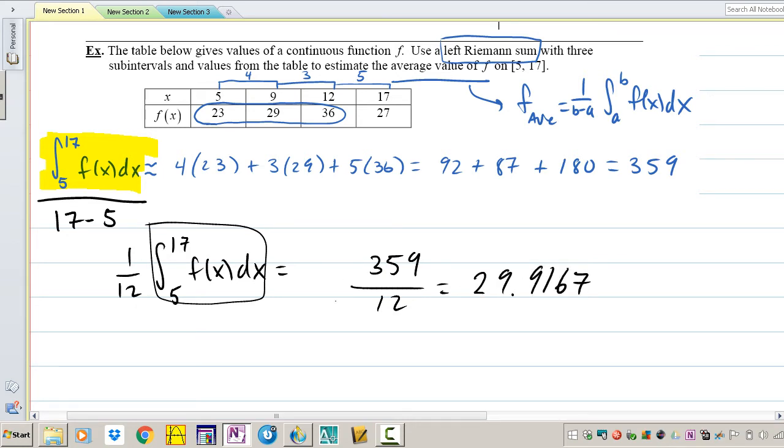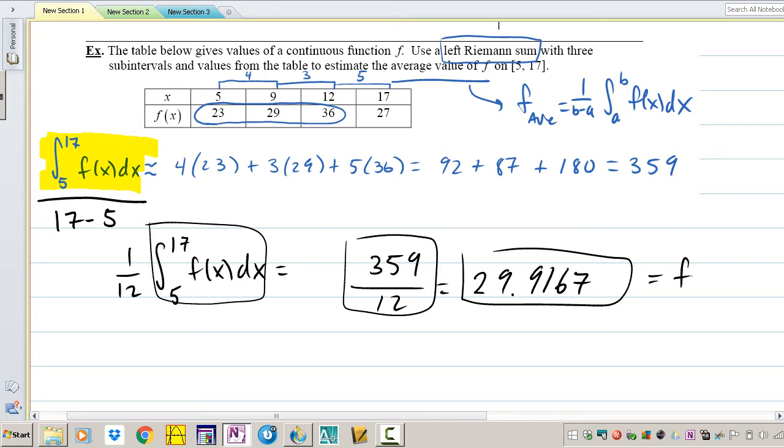Or you can leave it as a fraction. This and this represent the average value of f. So be very careful when you're reading these problems. You will still be doing integrals using Riemann sums, but if they have the word average, then you know to divide by the base of all the rectangles combined.